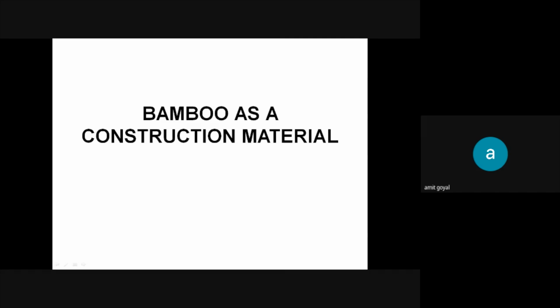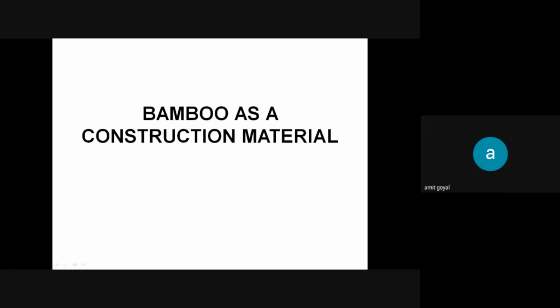So that is how bamboo has been used in construction. Now, in any hilly area, or in plains also, wood flooring is very costly, and it also has the problem of termites. If you have termites in your vicinity, you cannot have wood flooring.